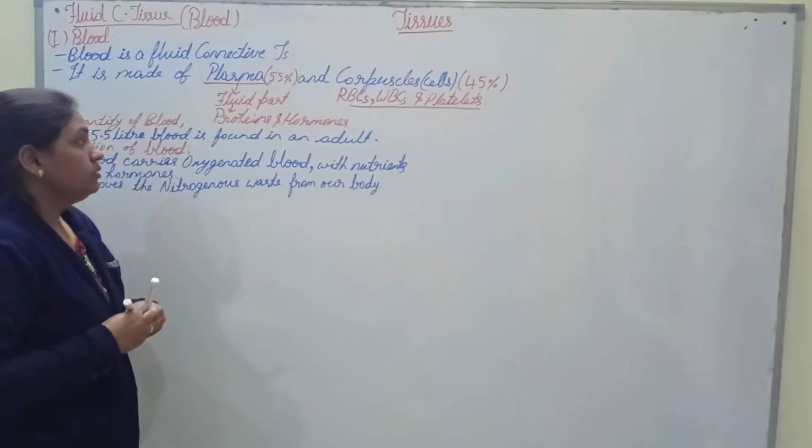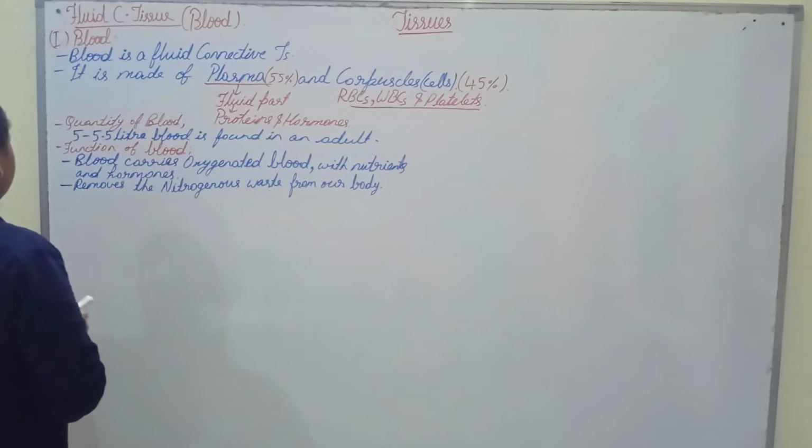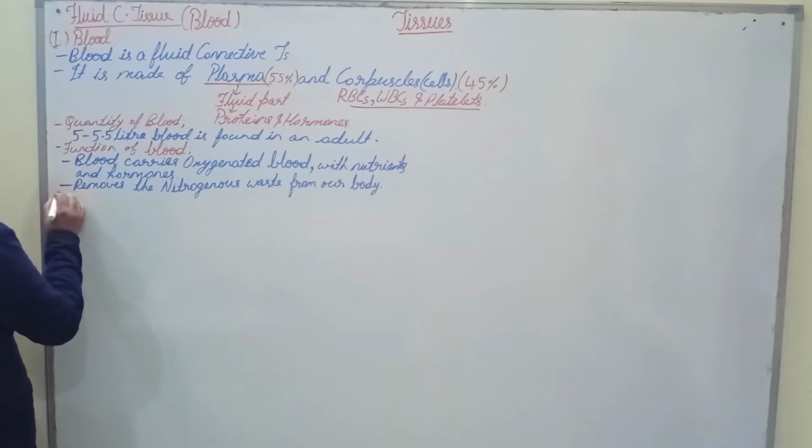Now let us discuss the types of corpuscles. So first we will take up RBCs.